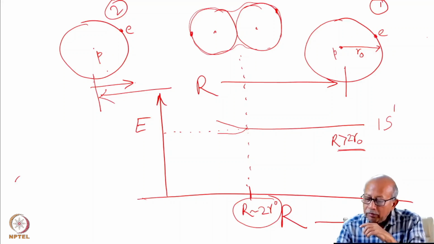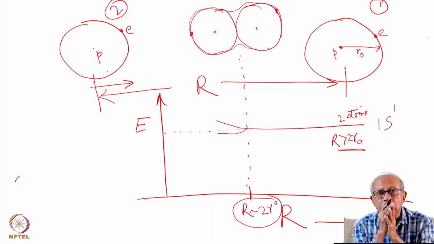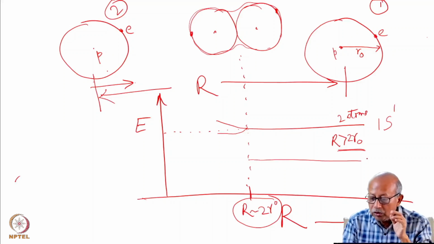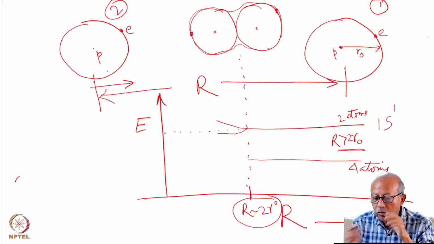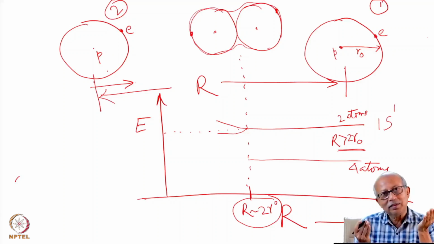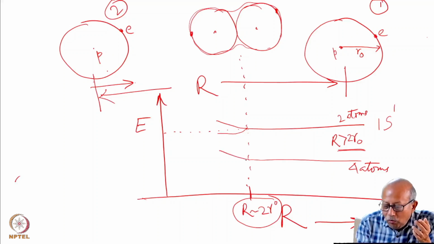So that is what happens when two atoms are brought close to each other. Now if we bring four hydrogen atoms close to each other instead of two, it is easy to visualize that the energy level will now split into four different energies.